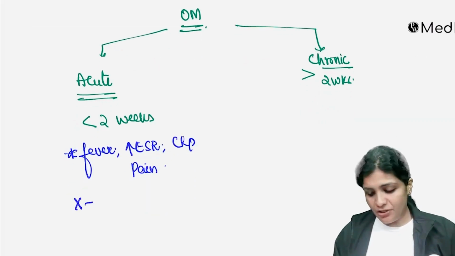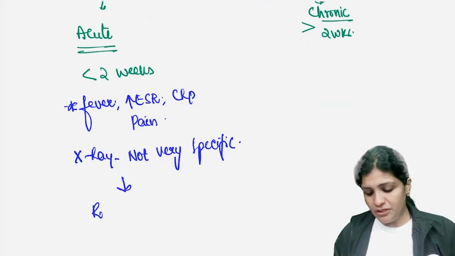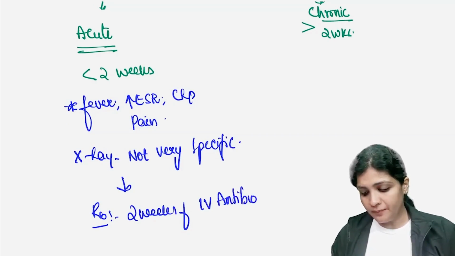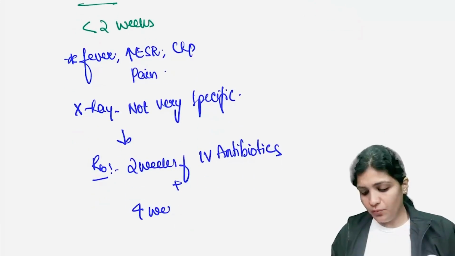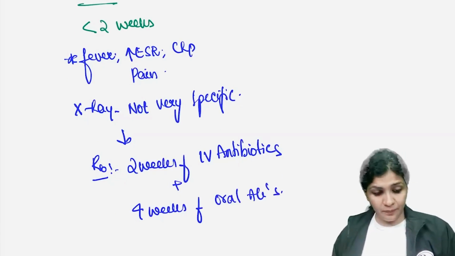And the X-ray features are not very specific, right? And treatment, you treat it with 2 weeks of IV antibiotics plus 4 weeks of oral antibiotics, right? So this is how you treat it.